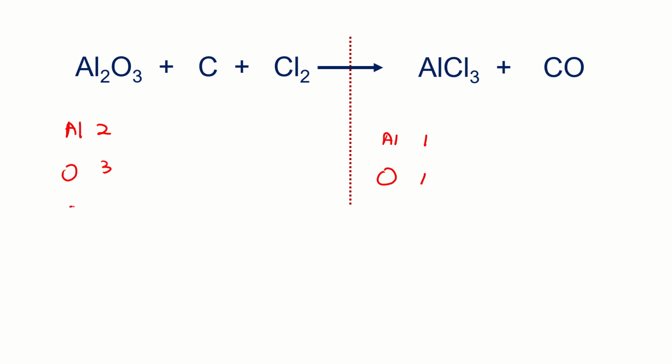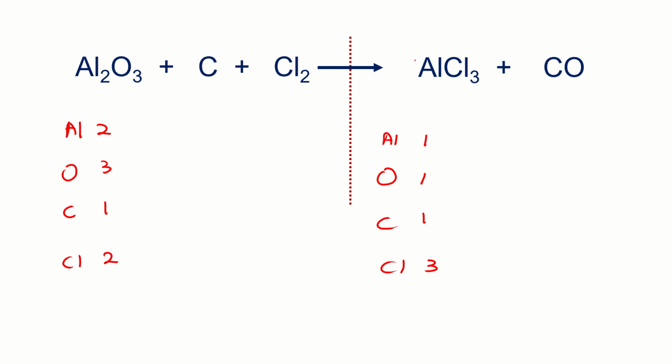You have 1 carbon on reactant and 1 carbon on product. How about chlorine? You have 2 chlorine on reactants, but 3 chlorines on product. Now let's look at the most complex molecule. It's more like Al2O3 or AlCl3. Compare these. You have 2 aluminum, 1.